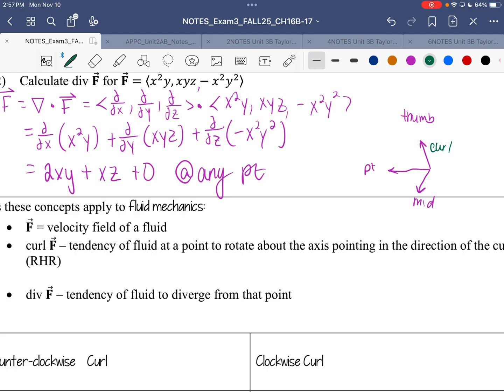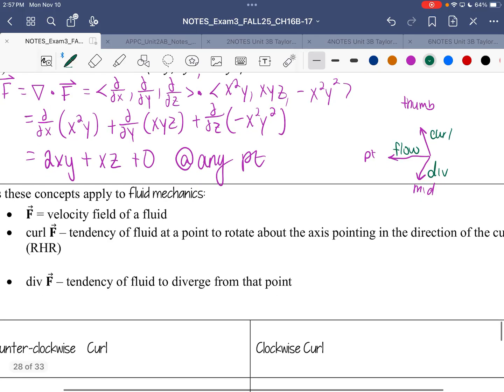Your pointer finger is the flow. And your middle finger is the divergence. How does that help? You gotta know your physics, I don't know.